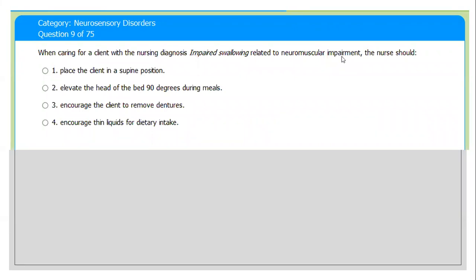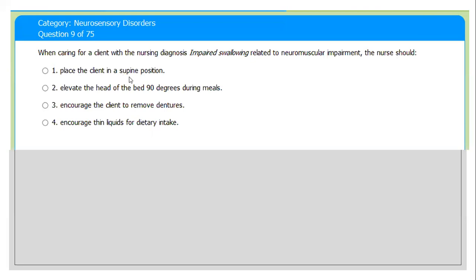Many people with neurological disease such as multiple sclerosis, Alzheimer, Parkinson, or stroke have swallow difficulties because their brain has a hard time coordinating the breathing or eating and drinking. Right? So they said, if anything like this, the nurse should do what?